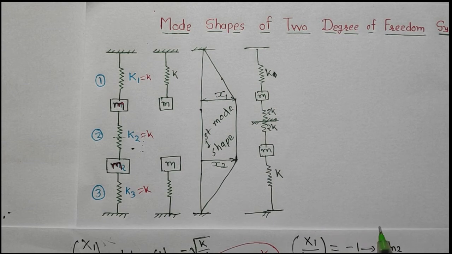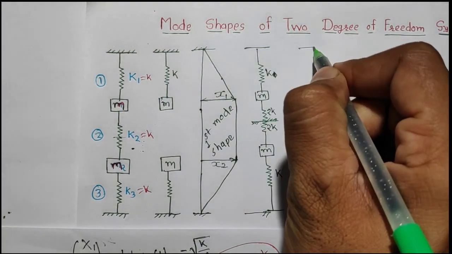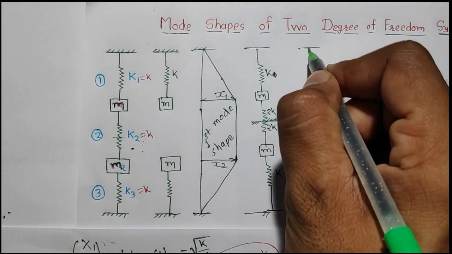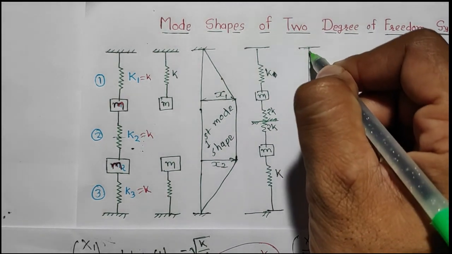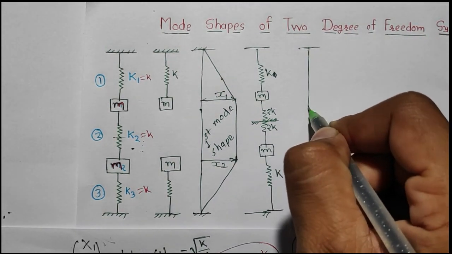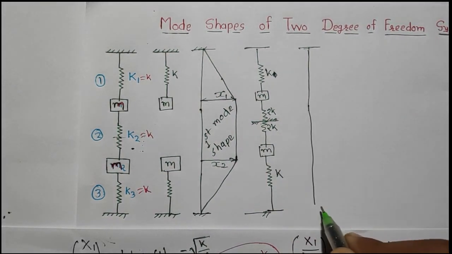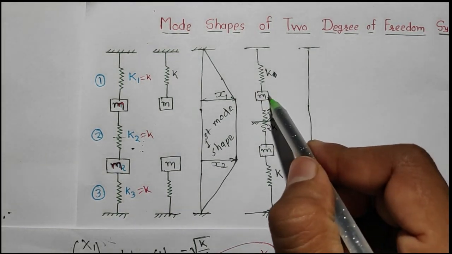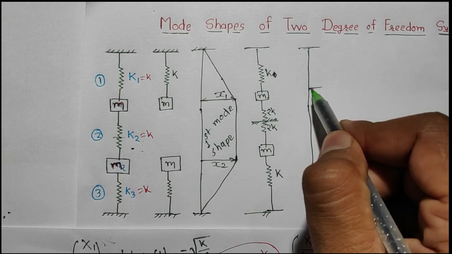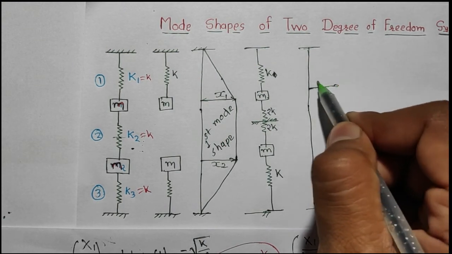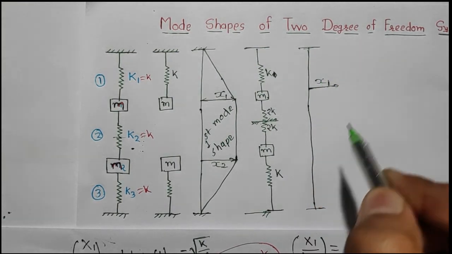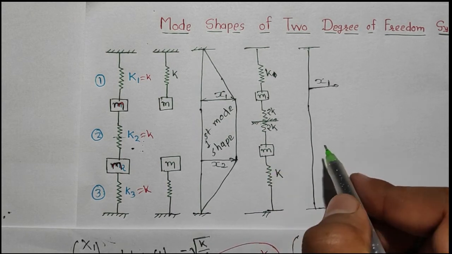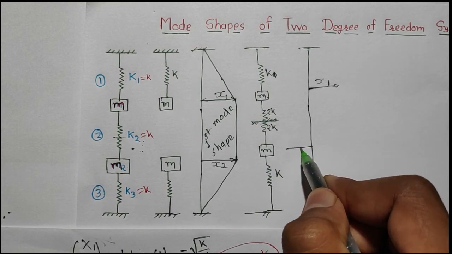Now we'll make the mode shape of this system. The amplitude of this mass is x1. The amplitude of this mass is x2, but in the opposite direction.